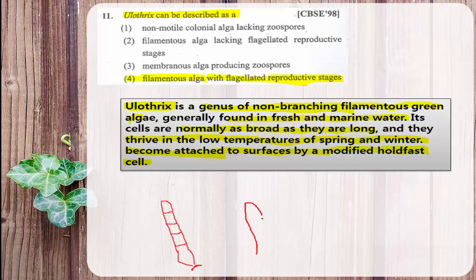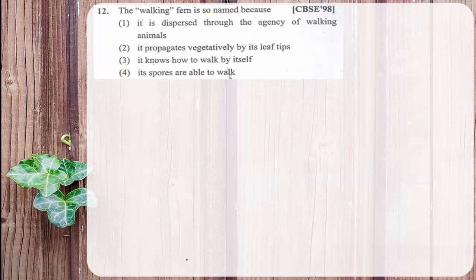If I draw the filament and show side branches like this, it becomes a branched filament. But here it is an unbranched filament. The lower cell is called the holdfast and it is without chlorophyll. But reproductive structures are flagellated. So the right answer for this question is option 4. Then moving to the next question.